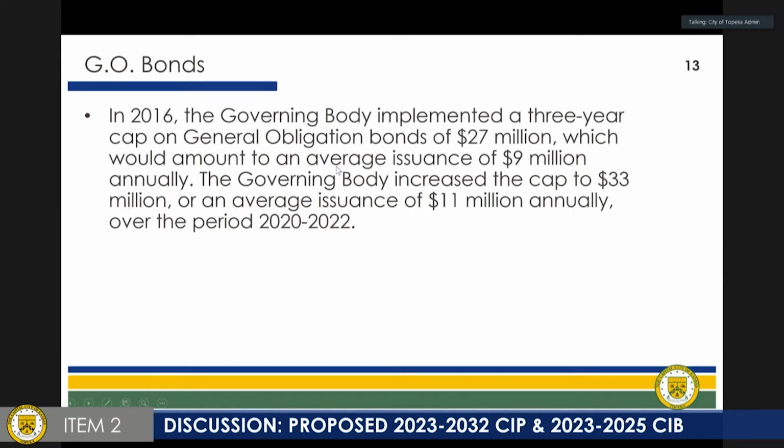In 2016, the governing body implemented a 3-year cap on general obligation bonds of $27 million, so an average of $9 million a year. The governing body increased that cap to $11 million for the periods of 2020 through 2022.